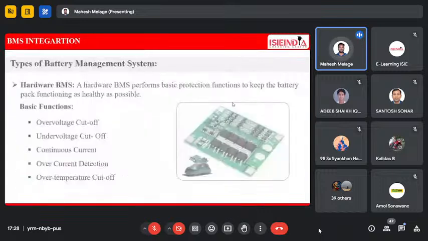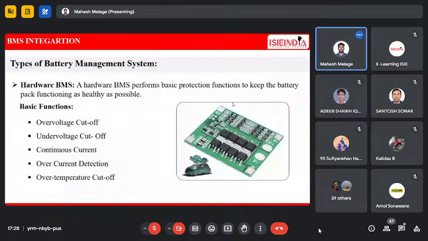Now, the types of BMS. Basically they are classified into two types, hardware BMS and software BMS. The first is the hardware BMS, which has a basic protection function for the battery pack, protecting against over voltage, under voltage, continuous current, and over temperature.